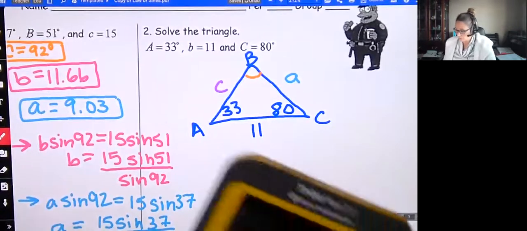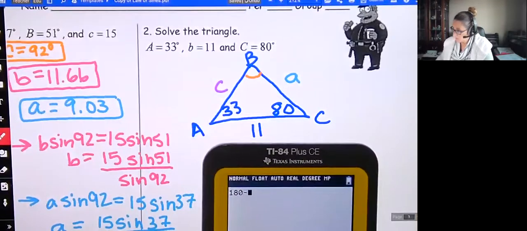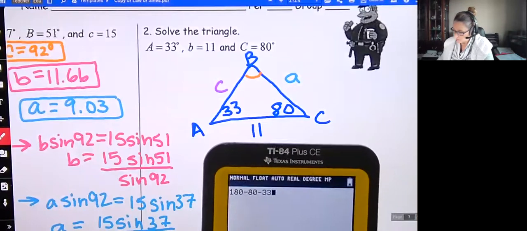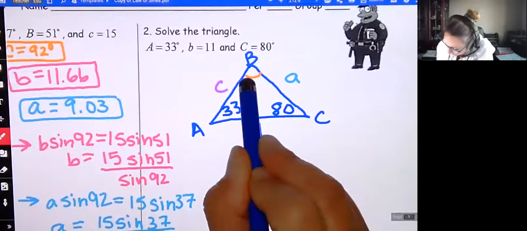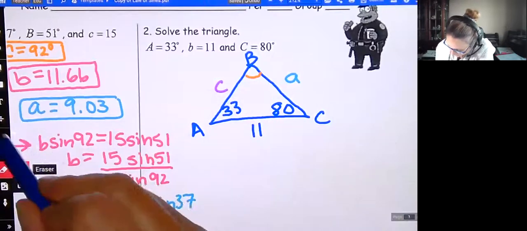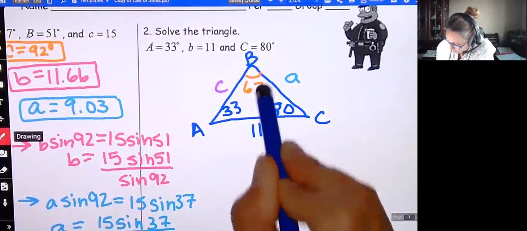So to find angle B, again, I'm going to take 180 minus 80 minus 33, and I end up with 67. So I know that this is a, oops, let me change my color. This is a 67, okay?